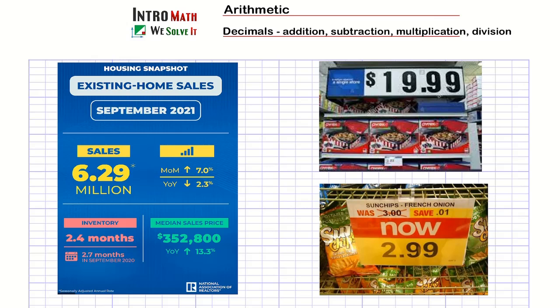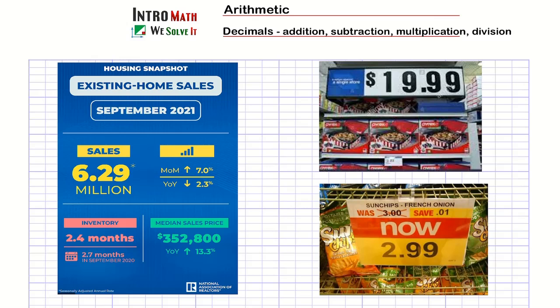Below it you see 2.7 months in September. All these figures are decimals. 6.29 million, that's decimal. 2.4 months, that's decimal. 2.7 months, decimal. Well, there's also 7.0%, which is a decimal, but we'll get to that. That's not what we're discussing here.